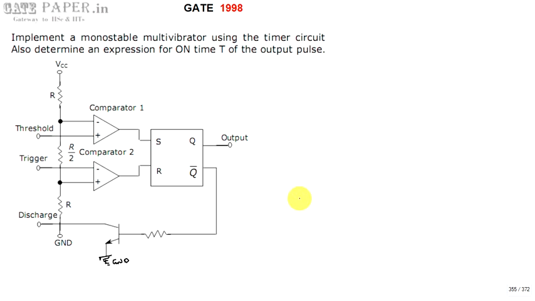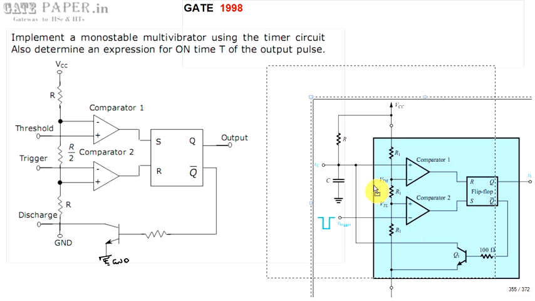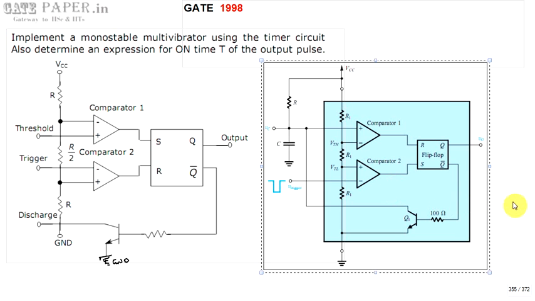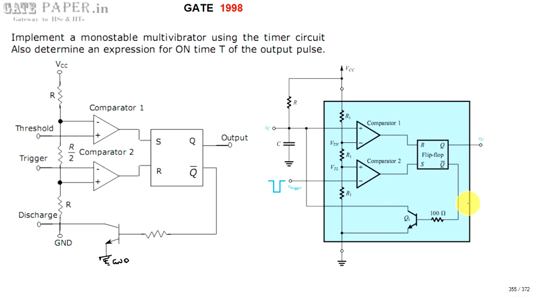So if you assume that this entire thing is in a block, this is the monostable multivibrator diagram. This block is the given IC555 timer, and we are adding two external components, R and C, and there is a trigger pulse.